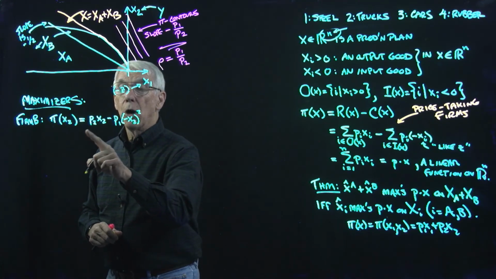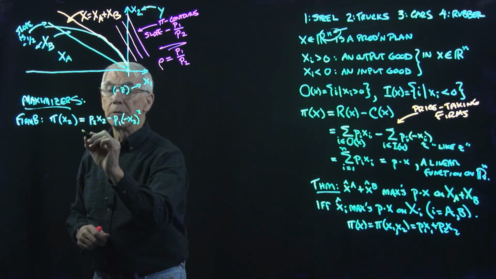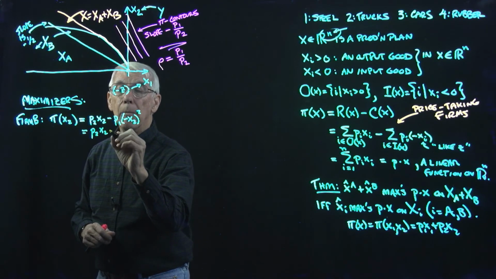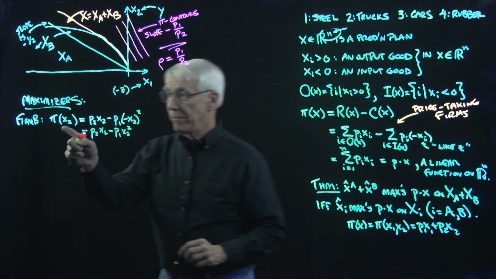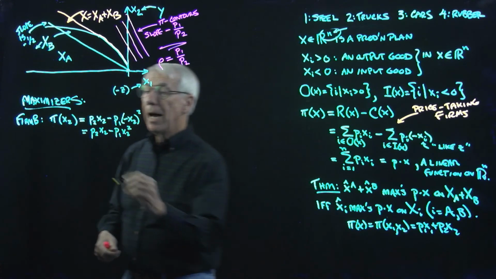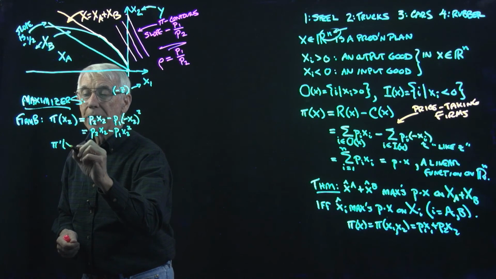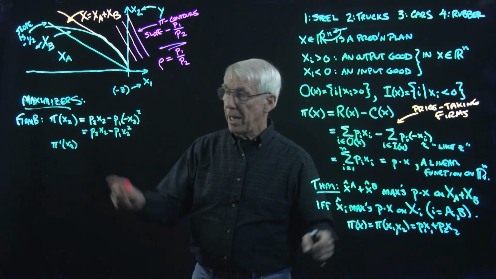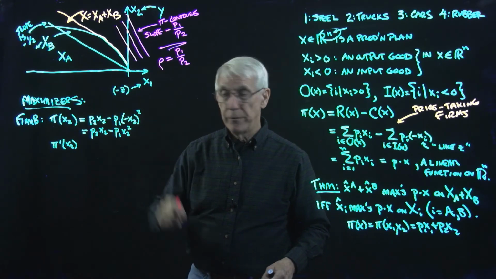And so let's rewrite this as P2 x2 minus P1 x2 squared. So now I have something that's a function of just x2. I can take the derivative. Again, I want to emphasize it's a little bit of an abusive notation since I'm rethinking the profit function as having only the one variable.